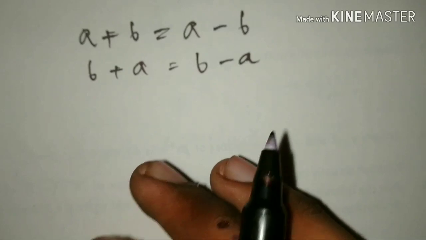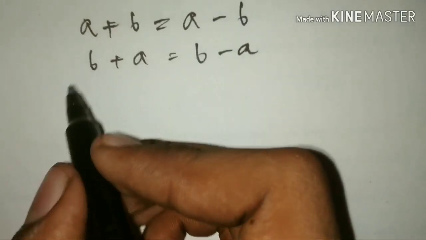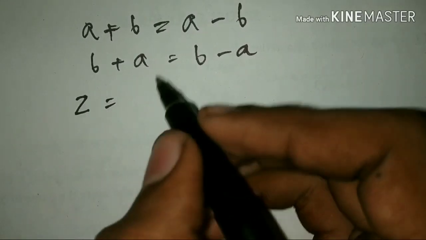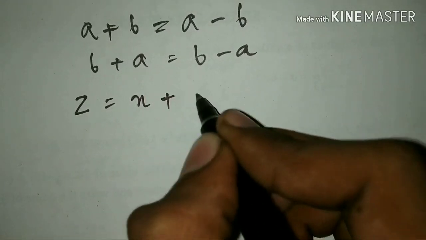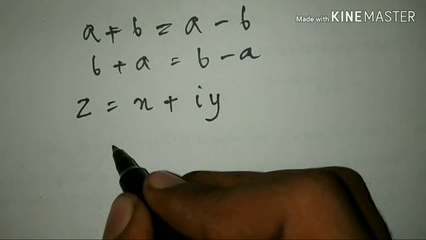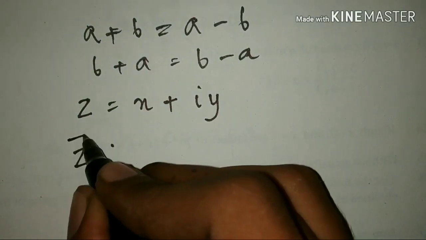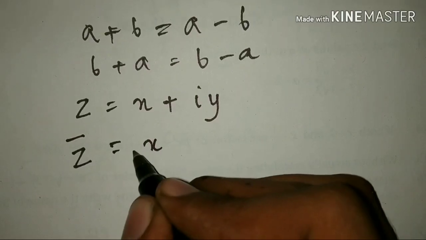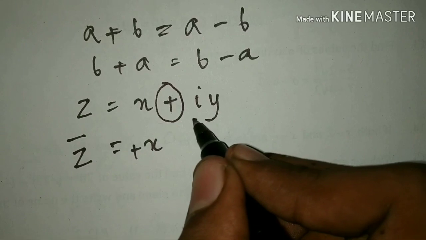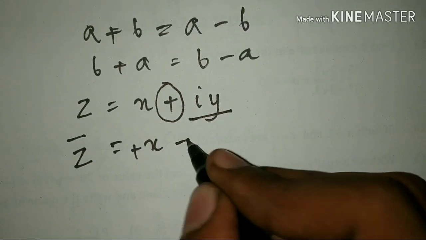Now coming to the conjugate of a complex number. Let's have a complex number z equal to x plus iy. Then the conjugate of this number, denoted as z bar, would be x minus iy, where the plus sign before the imaginary part turns to minus sign.